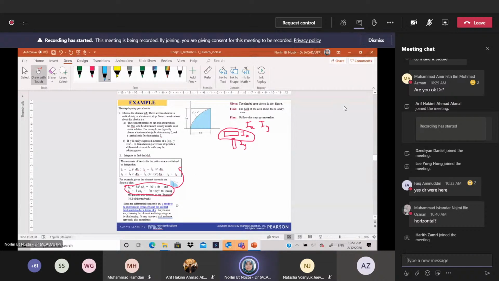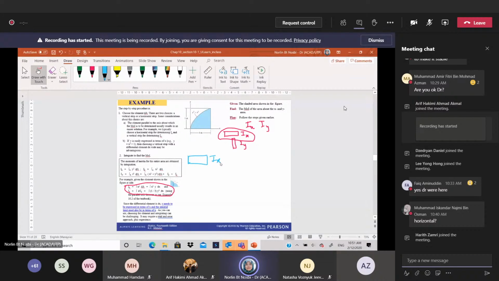Okay, let me show you back. The first step, let me remind you. If you choose ix, the first step is for this one horizontal ix, and then vertical is iy, right?